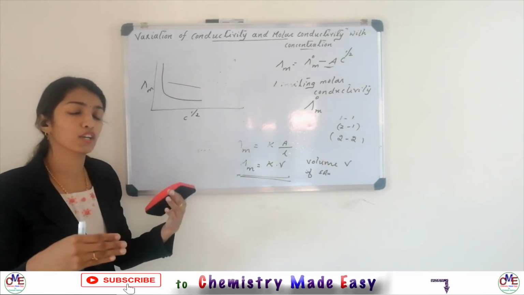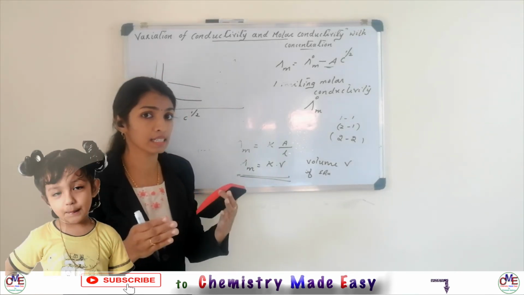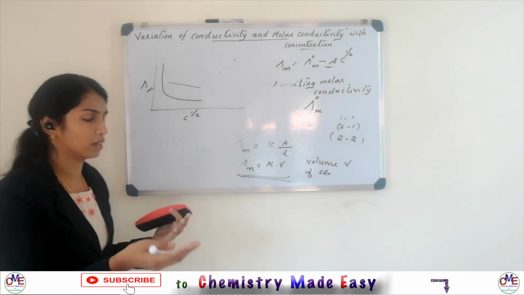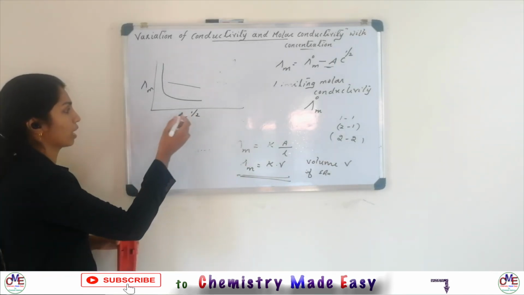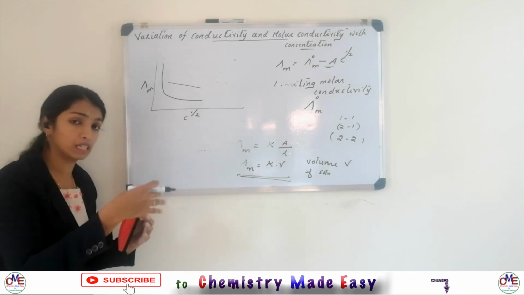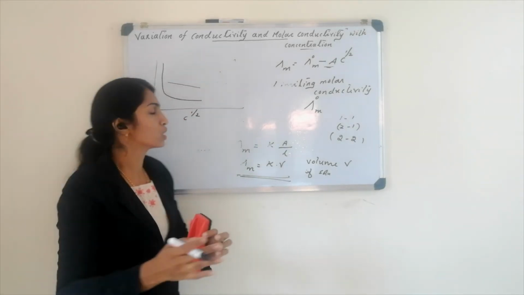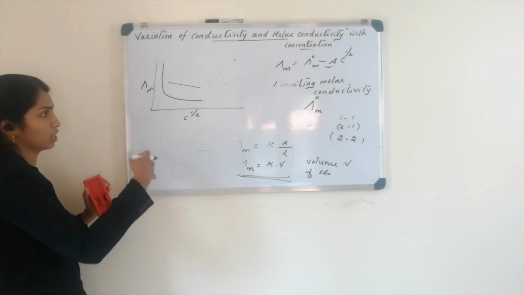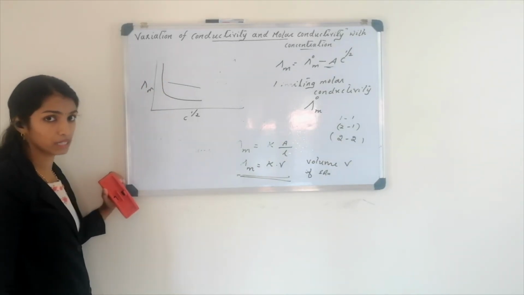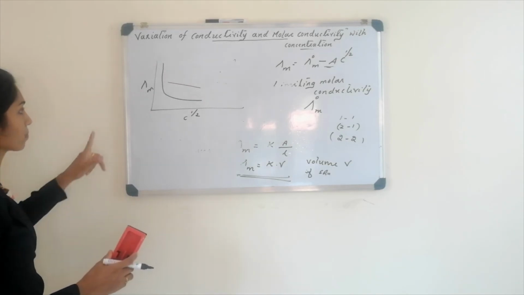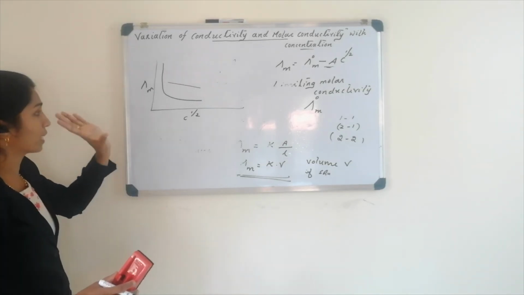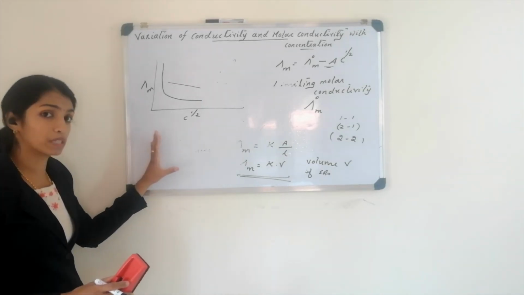Why? Because the degree of dissociation increases at dilution. At a lower concentration, even though it is a weak electrolyte, it can dissociate maximum. So the molar conductivity value increases. Clear? Then we will not get the limiting molar conductivity value from this graph.